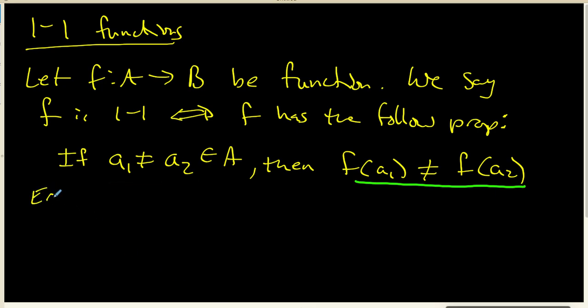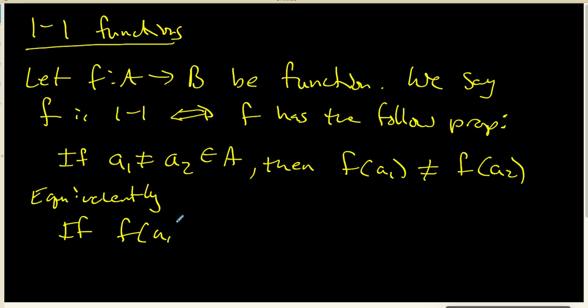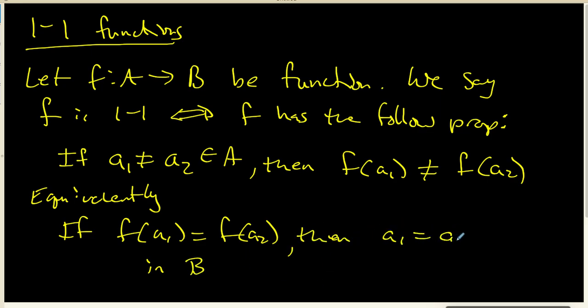Equivalently, we can use the contrapositive of this statement. We can say if f of a1 is equal to f of a2, this equation being an equation in set B, then we must have a1 is equal to a2 in set A. And this is nothing more than the contrapositive of the first statement.